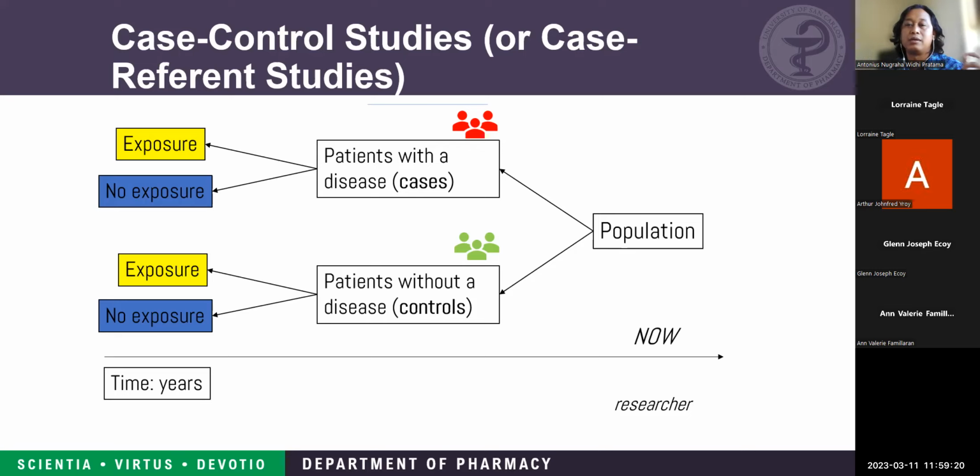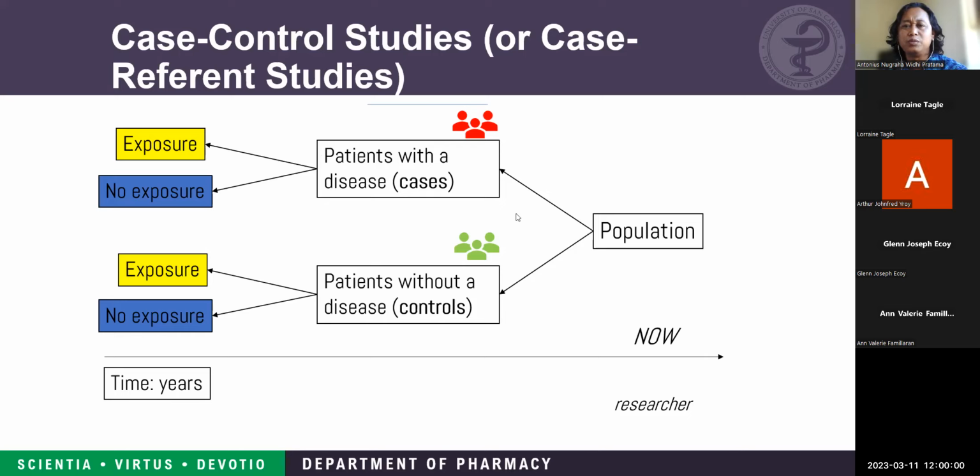But for example, if we want to investigate the side effects of drugs in patients with arrhythmia, the cases will be patients with arrhythmia, and then we want to know the medication history of the patients, and investigate whether there are some medicines that contribute to the development of arrhythmia.